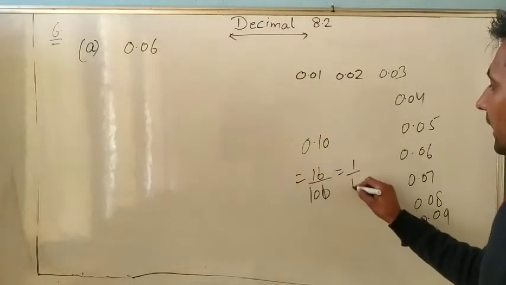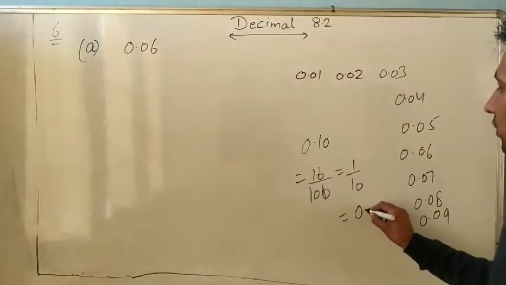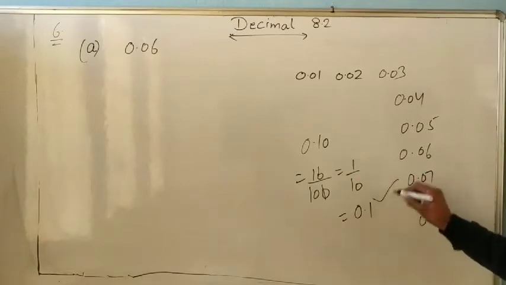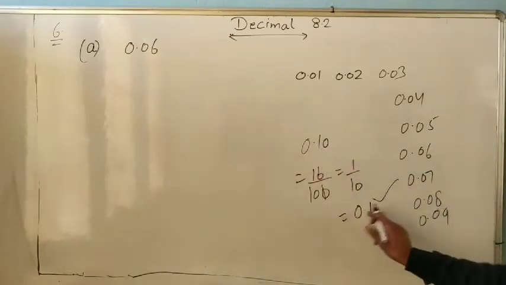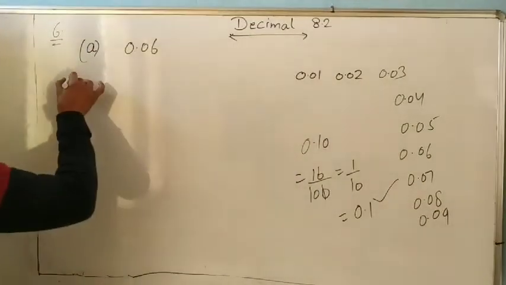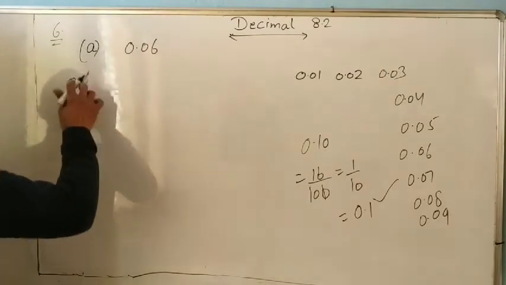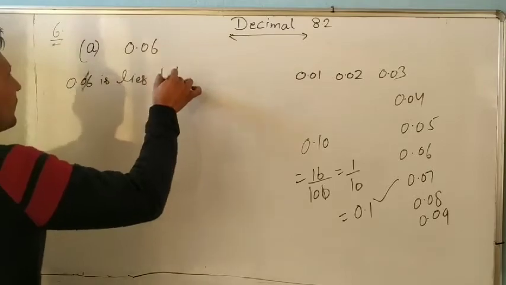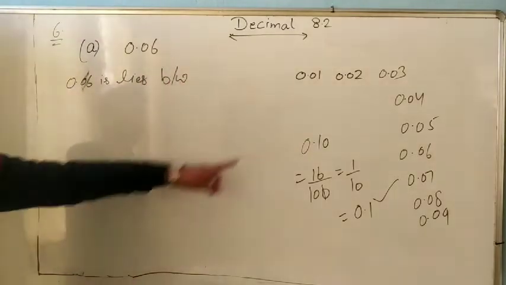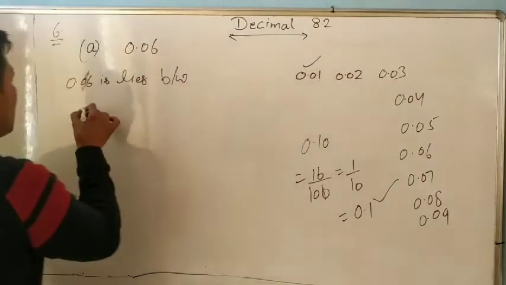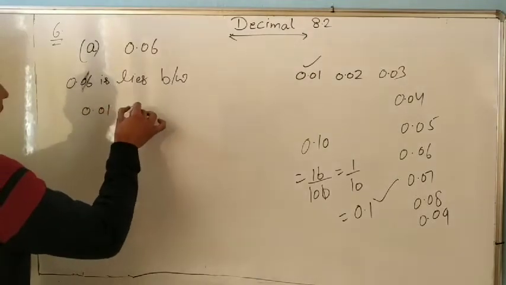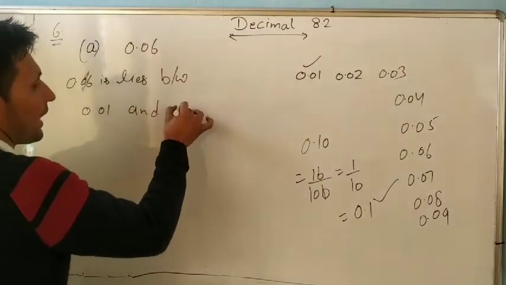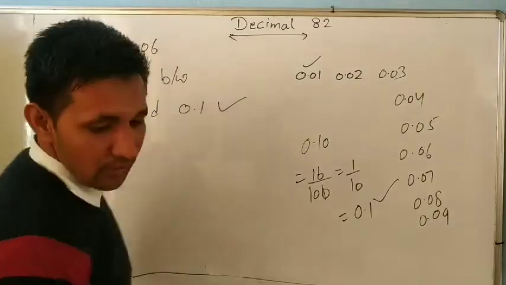What is 1 by 10? 0.10 you can write as 0.1 also. So 0.06 lies between 0.01 and 0.1. It is your answer.